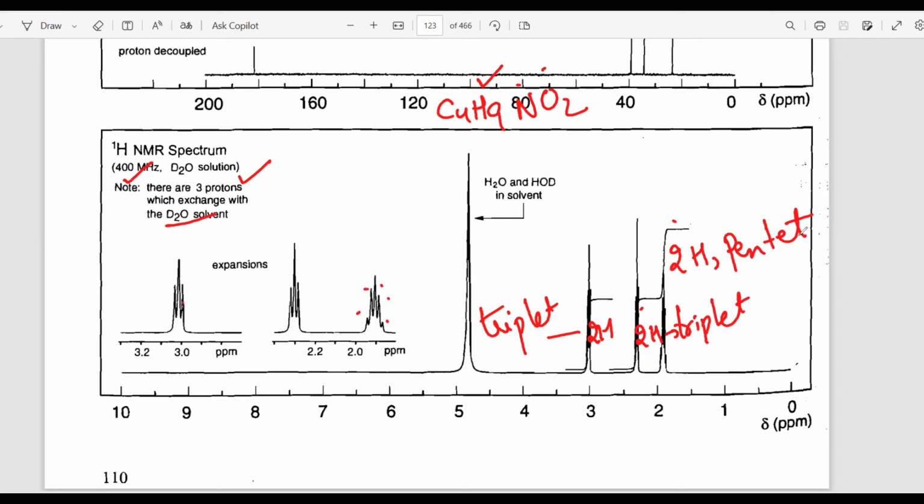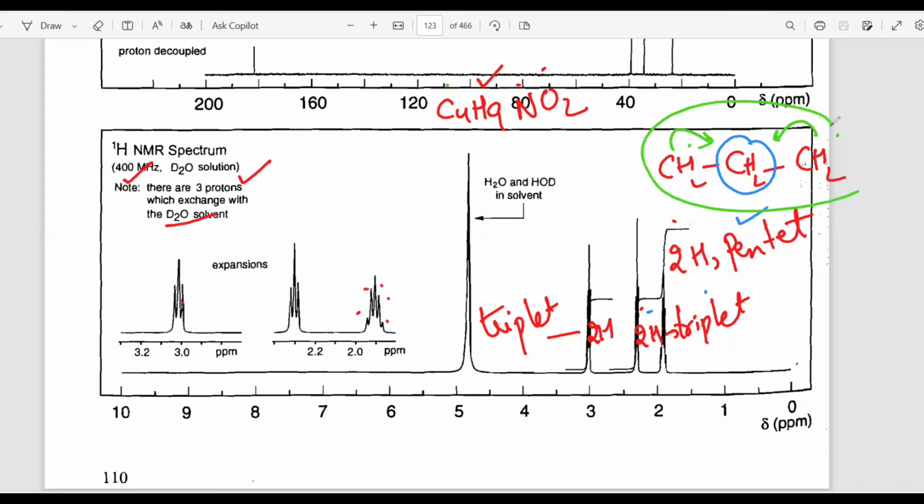Okay, so how will you draw a 2 proton pentet? 2 proton, with neighbors 2 and 2. So this 2 proton signal will give you a pentet. How will you get a 2 proton triplet? This signal will give you a 2 proton triplet only when the environments of the neighboring CH2 groups are different. The molecular formula of the compound contains 4 carbons, so it means this fragment is present in this unknown compound.